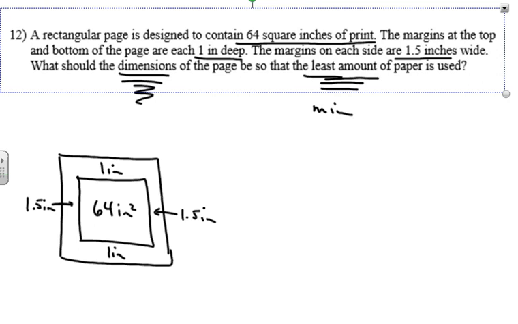Now, in order to figure this out, we're trying to find the dimensions. Let's call this x the width, and the height of this paper we'll call y, all right.